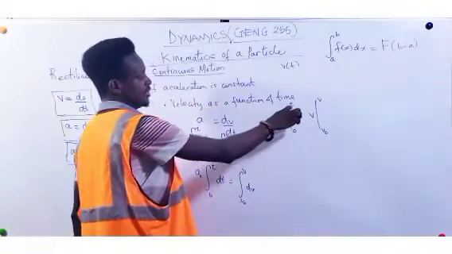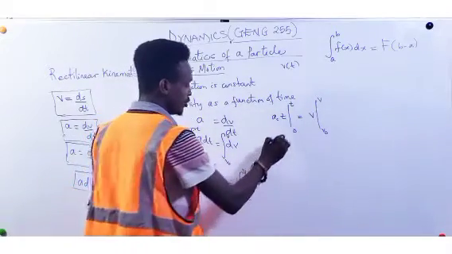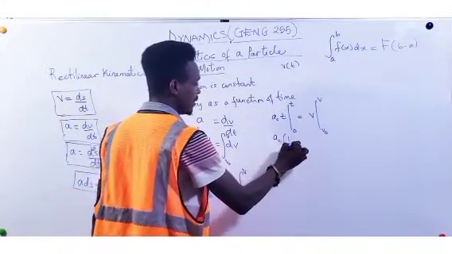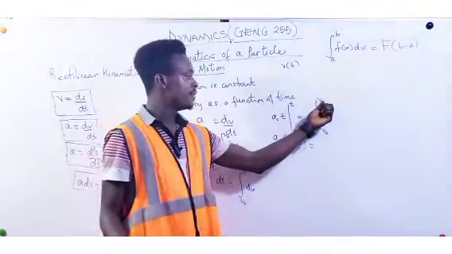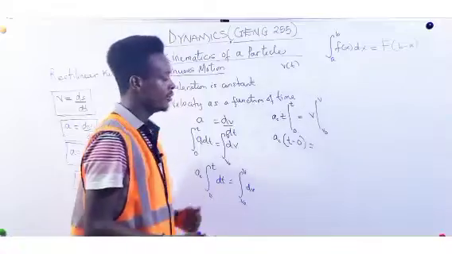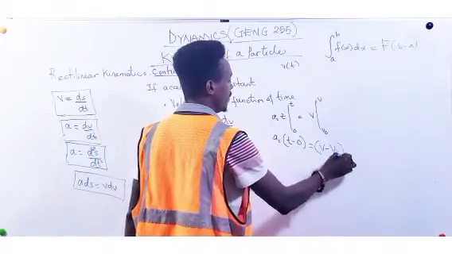The upper boundary for this is t, the lower boundary here is 0. So we have ac on this side by t minus 0 is equal to the upper boundary here is v and the lower boundary here is v naught. So we have v minus v naught.